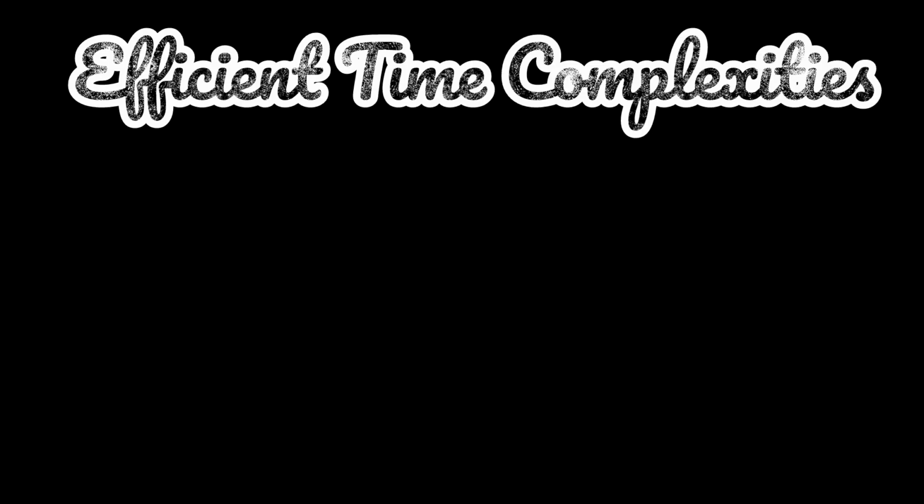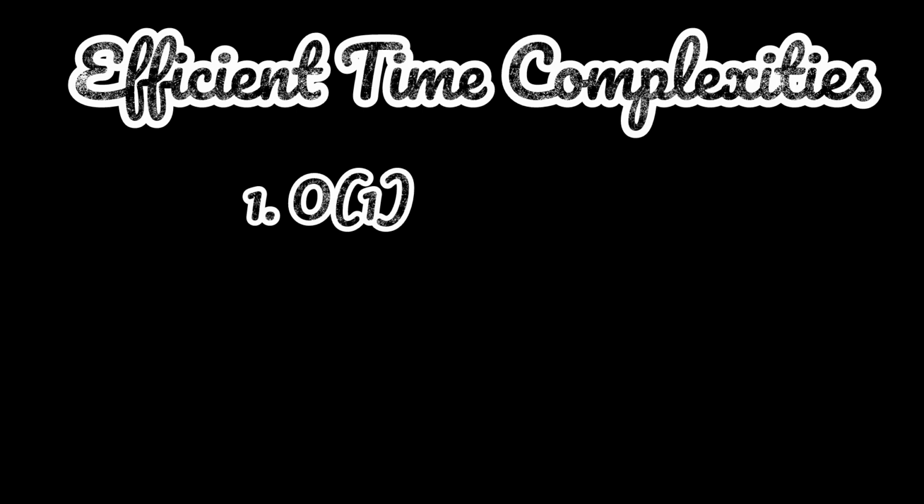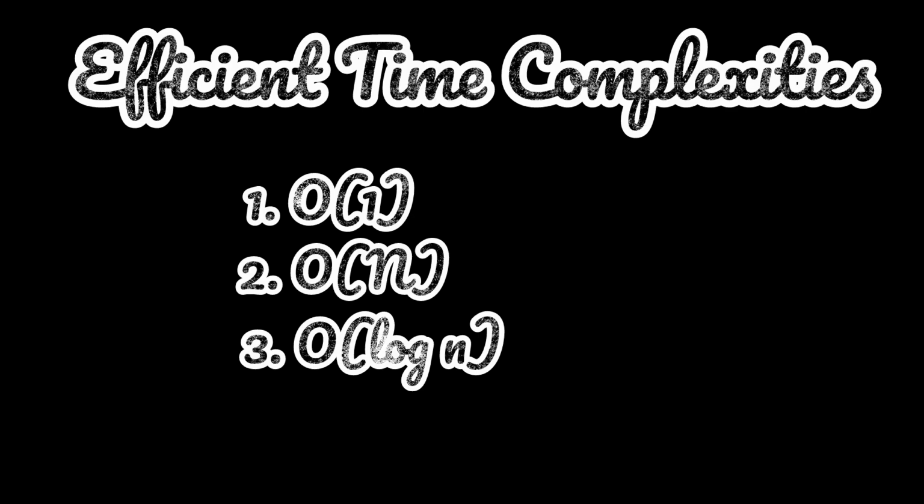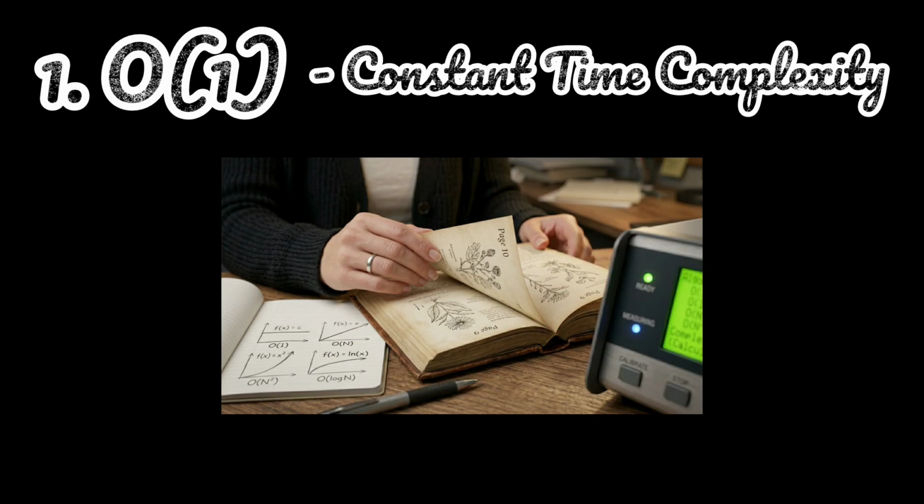Okay. Now let's see the three most common and efficient time complexities: O of 1, O of n, and O of log n. See, O of 1 means constant time complexity. No matter how large the input might be, the time taken would be constant. As I already said, if you are going to search for the 10th page in a book, it's very easy for you, because no matter how many pages the book contains, you could just simply turn the pages and get to the 10th position.